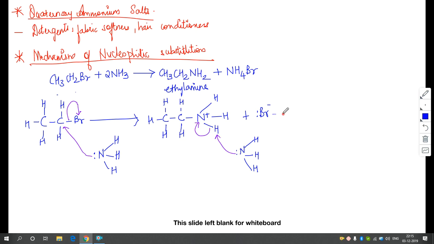So we have got the amine at the end after nucleophilic substitution. I'm just writing down the reaction, but did you understand the concept over here? Yeah, I did. Okay, fine.